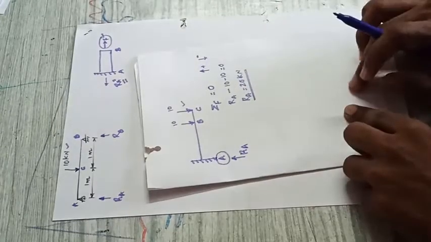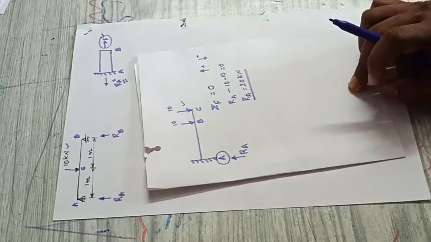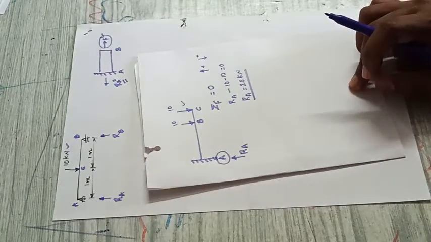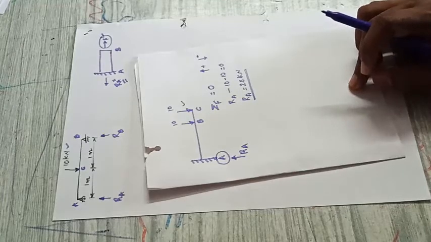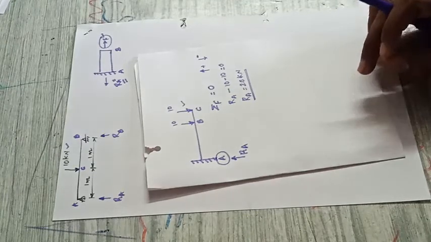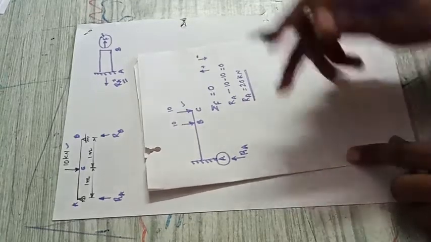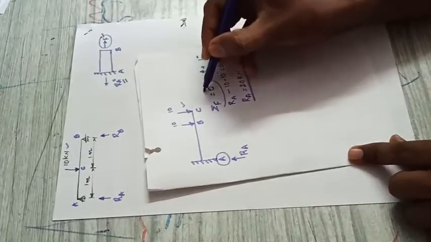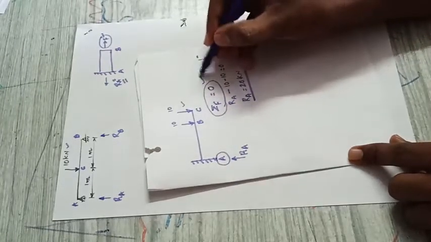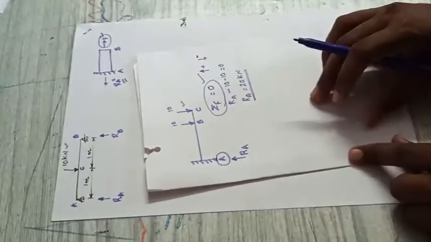What I want to mention is that in this case there is only a single unknown, that is the reaction force at point A. To find this reaction force at A, we use the equilibrium equation of force.